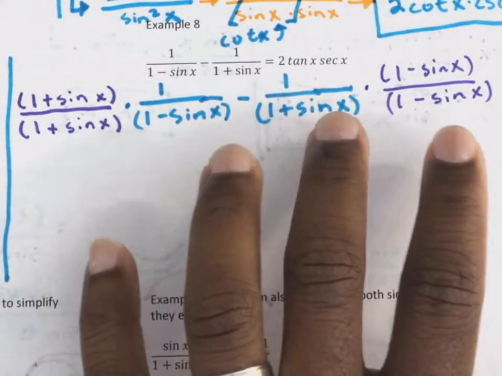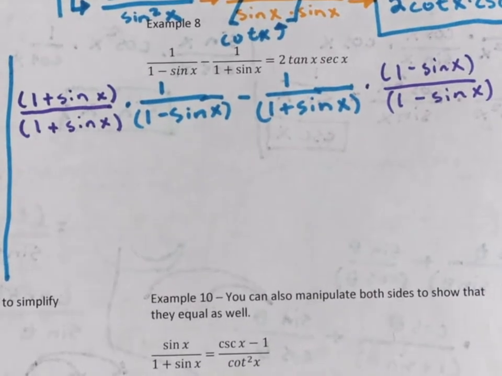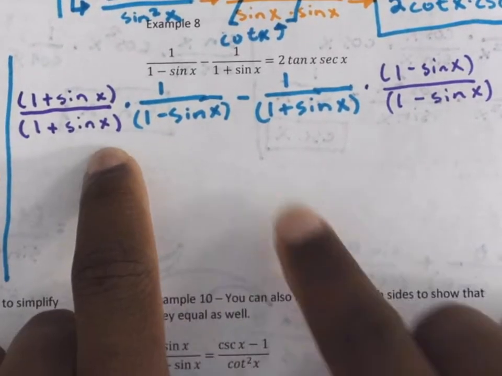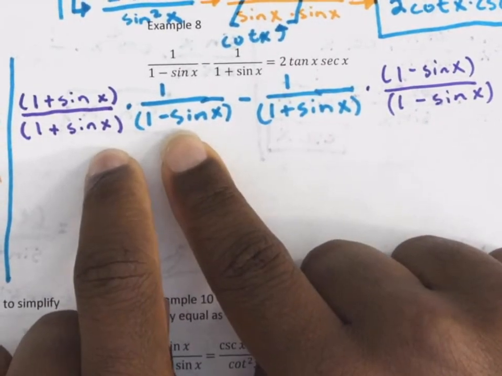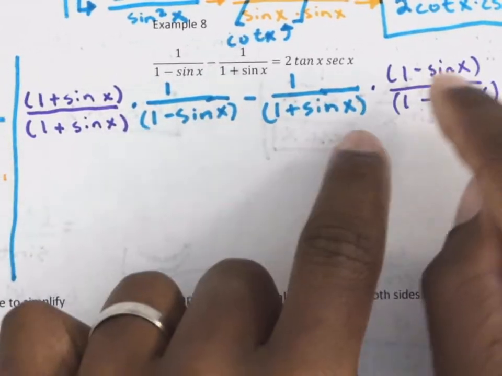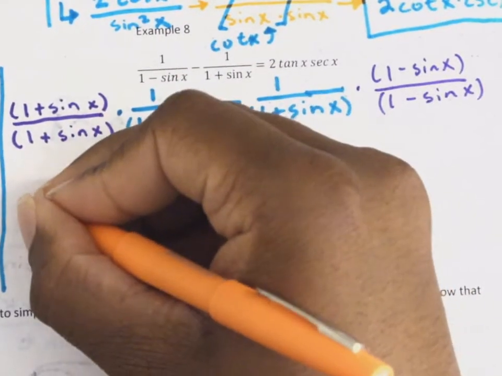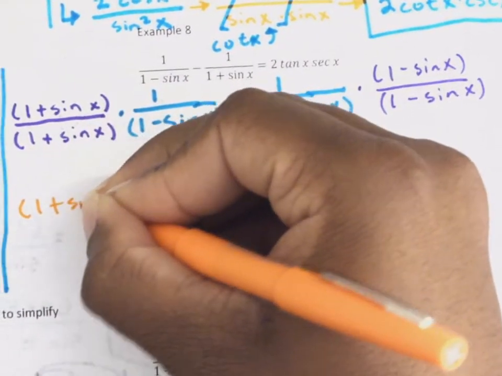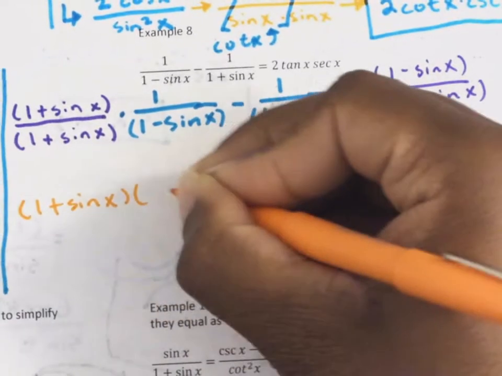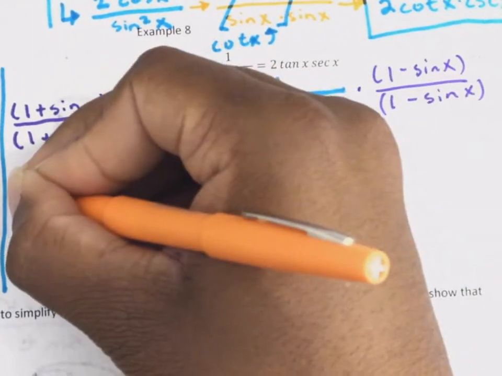This is the left side, this is the right side. Do they have the same denominators now? 1 plus sine x times 1 minus sine x. Same thing over here. So now I can put them together. They both have a common denominator. All right, that's my common denominator.